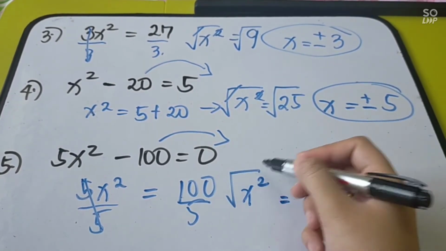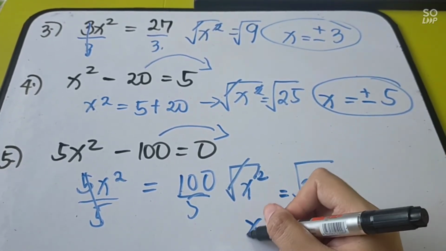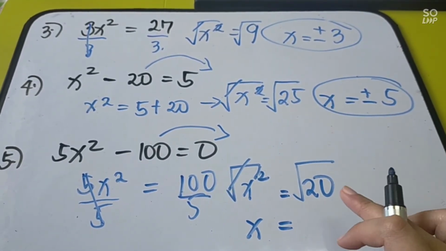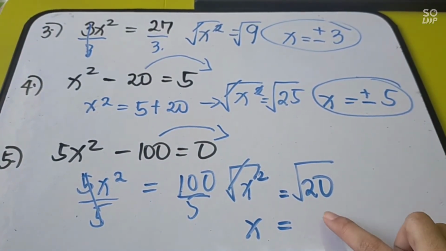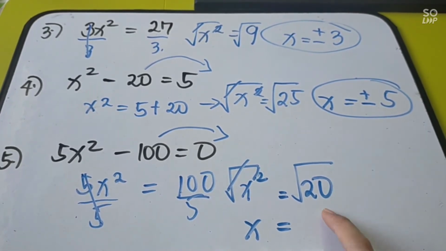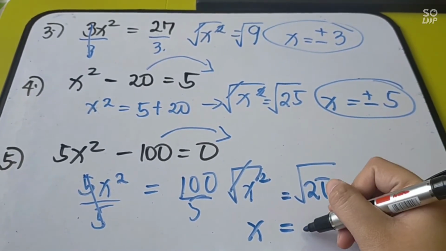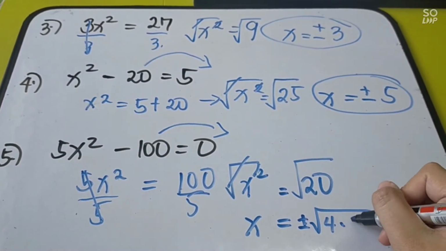Then, afterwards, square root mo both sides. Canceled out. So, we have here x is equal to. Si 20 is not a perfect square. Therefore, we are going to think na numbers that one of its factors is a perfect square. We have positive and negative square root of 4 times 5.